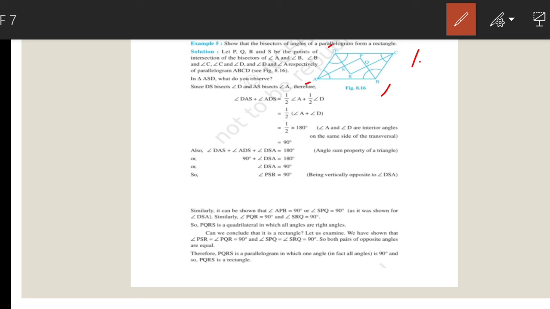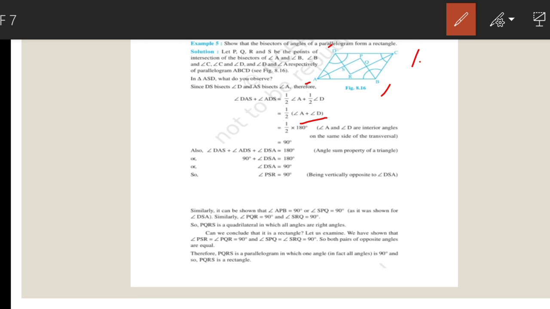We observe that angle A and angle D are bisected by the lines AS and DS and meet at the point S. So we can say angle DAS plus angle ADS is equal to half of angle A plus half of angle D. This angle A plus angle D is equal to 180, as angle A and D are co-interior angles of parallel lines AB and DC, where AD is a transversal.